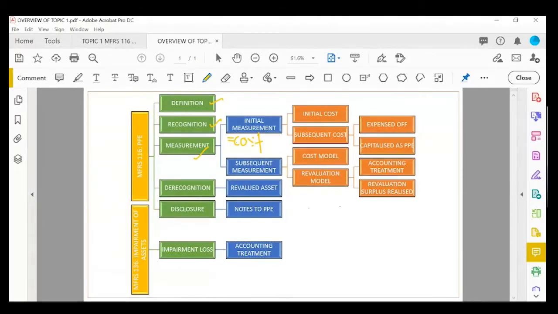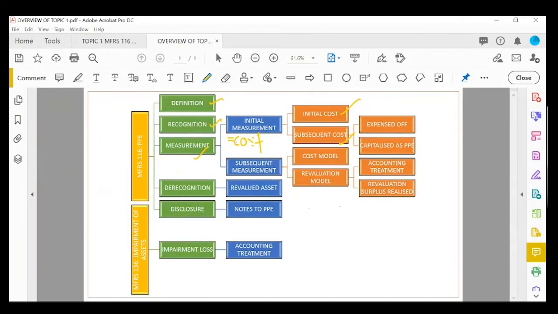It can be initial cost, it can be subsequent cost. Initial cost is the cost that you incur because you acquire the asset, whereas for subsequent cost, you already have the asset, but you incur additional cost on the same asset.